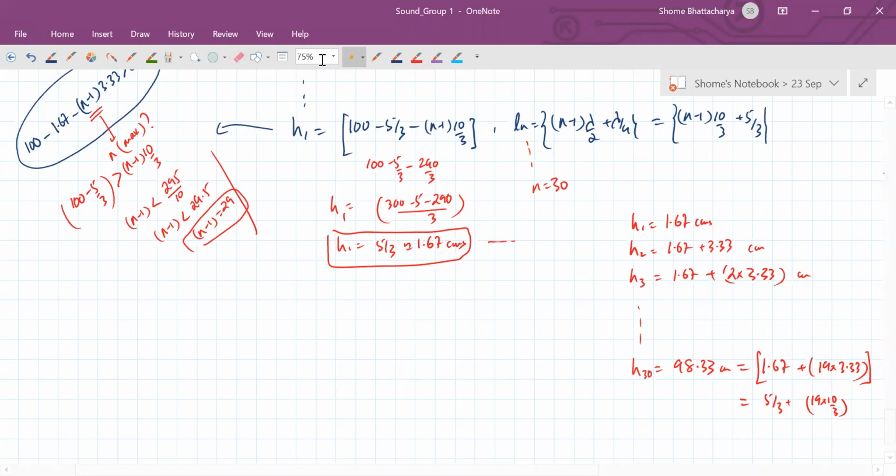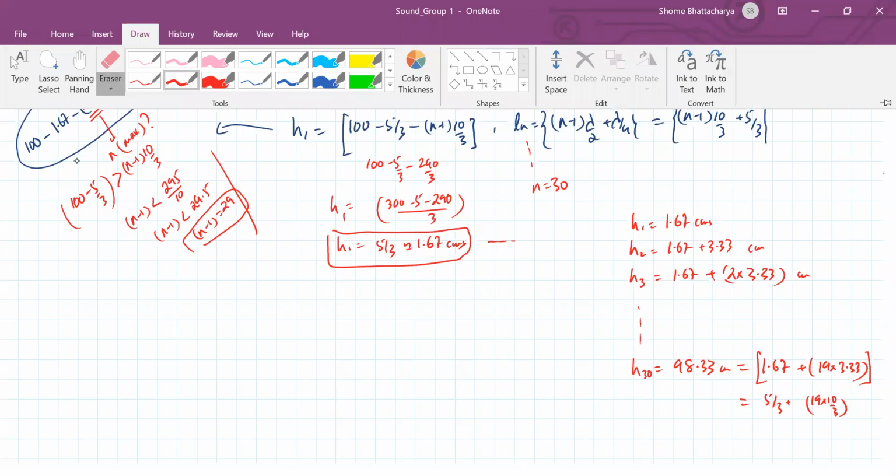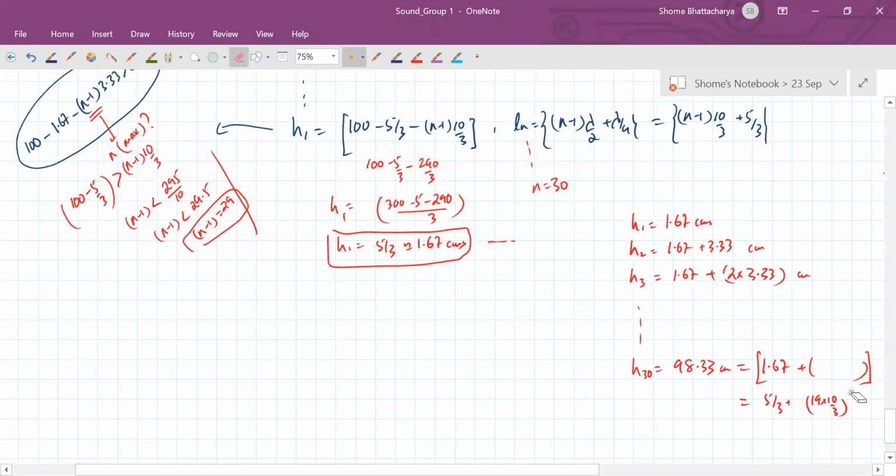This will be 29 times lambda by 2, so that is 295 by 3.